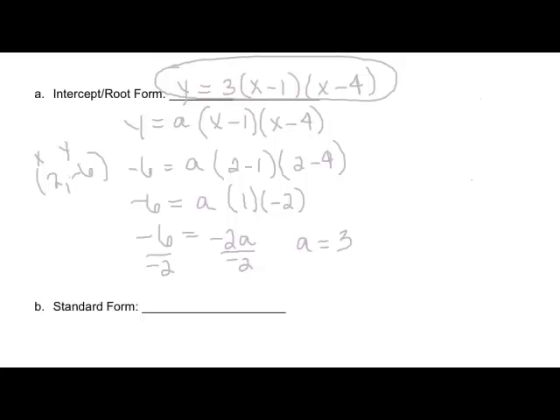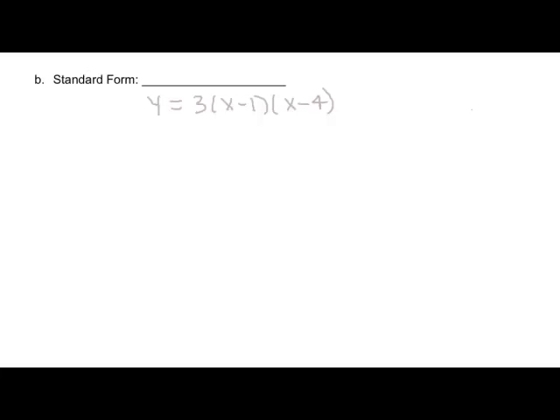Now once we have intercept root form, remember we can just multiply it out to get to standard form. So I'm just going to rewrite our equation here. We have y equals 3 times (x minus 1) times (x minus 4). And again, we're just going to multiply this out. So we have x times x. I'm going to leave 3 on the outside for now. So we have x squared minus 4x minus x plus 4.